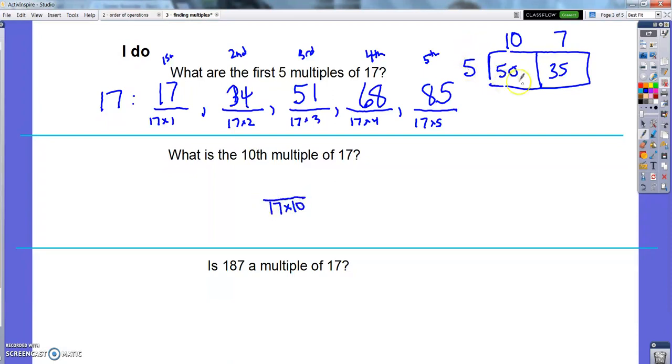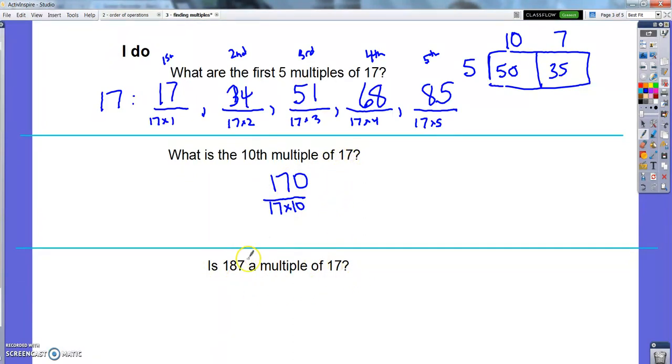If I kept doing that all the way to 10, that's what I'd be calculating. And that one's actually pretty easy, because 17 times 1 is 17. Add the 0. So 170 is the 10th multiple of 17.